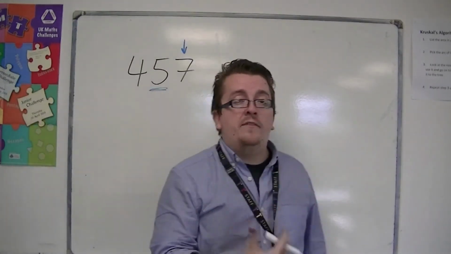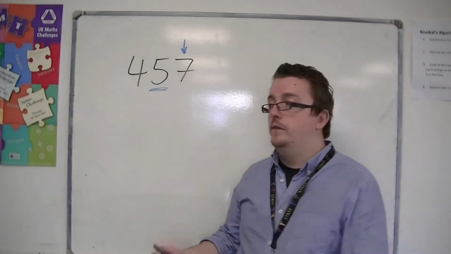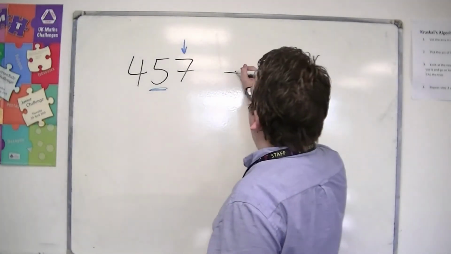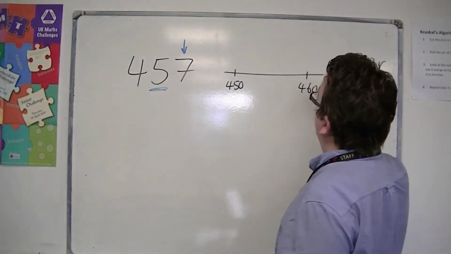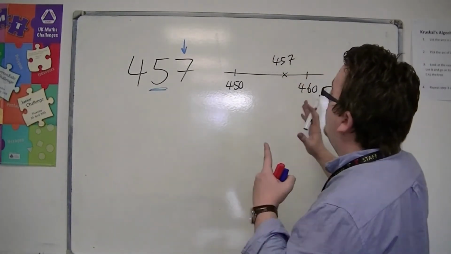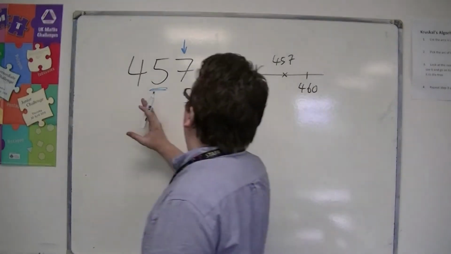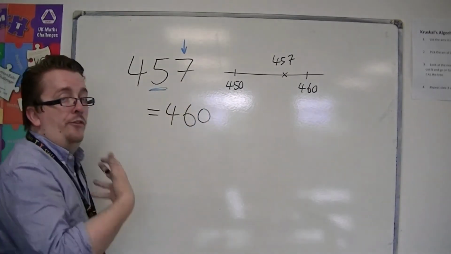The number to the right of the tens column will identify whether you need to round up or round down. On our number line, we've split the number line up into tens again, and we've got 450 and 460, and 457 is about there, so we can see that it is closer to 460, and we would round 457 up to 460 because 7 is 5 or more.